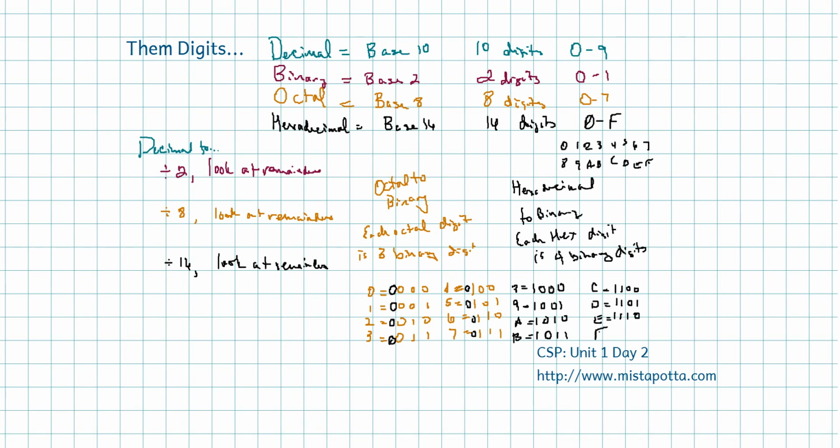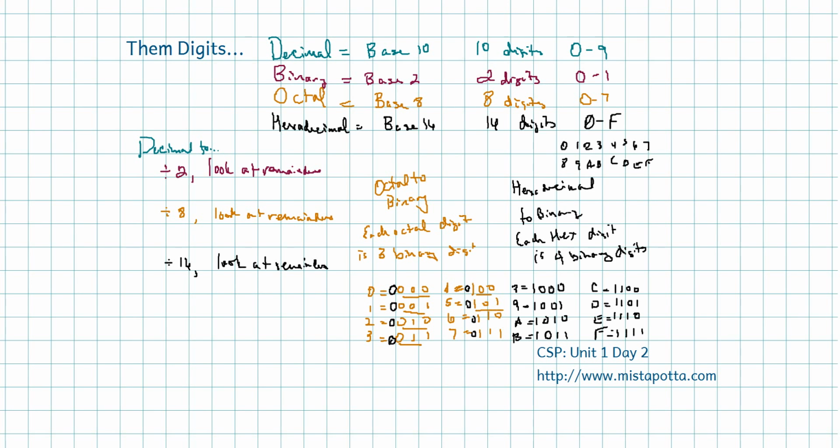And F is going to be 1, 1, 1, 1. So I have to convert each hexadecimal digit to binary, but I'm going to be converting them into groups of 4 binary digits. If it's octal, I need to convert it to binary because octal is 2 to the 3rd power. I'm going to convert each octal digit to 3 binary digits, just the ones that I have in yellow. So these yellow digits.